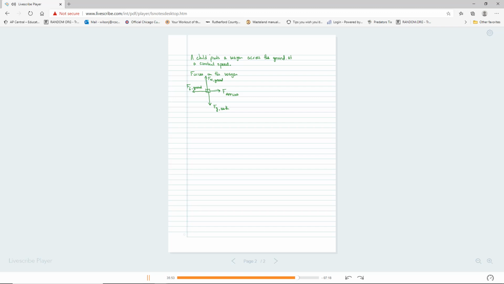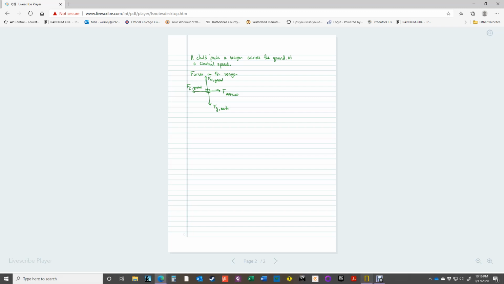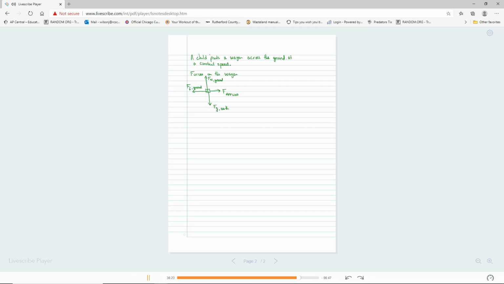What is the reaction force for the force of gravity from the earth? It's an upward force of gravity from the earth, so it's a downward force from the wagon. So the wagon is experiencing a downwards force from the earth. We call that downwards force gravity. Therefore, the wagon exerts an upward force, also called gravity, on the earth.